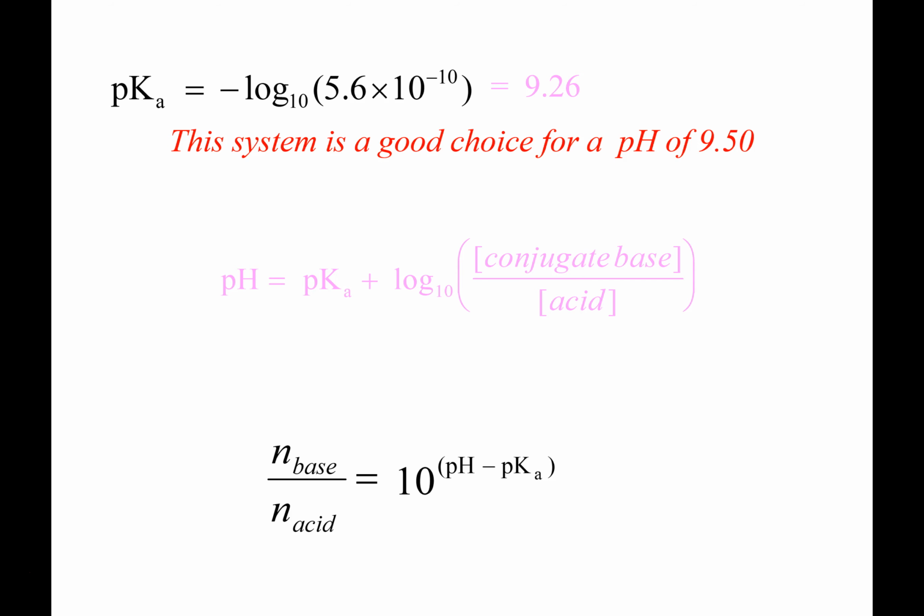So the ratio of the moles of base to the moles of acid will be equal to 10 raised to the pH minus the pKa. And we have the target pH and we have the pKa, so that's pretty easy. So how are we going to handle this ratio of base to acid, NH3 to NH4 plus, knowing that as we drip in HCl, NH3 goes down and NH4 plus goes up?